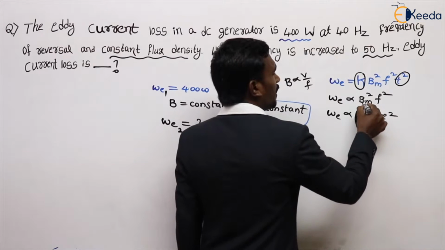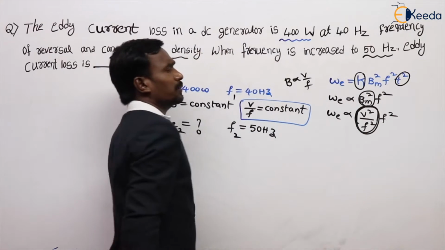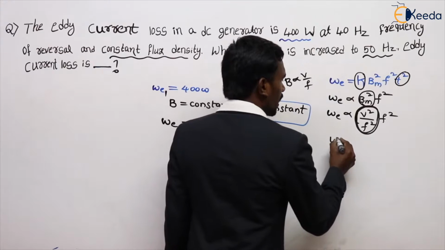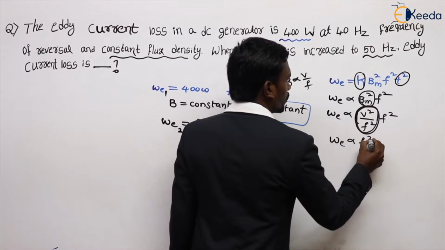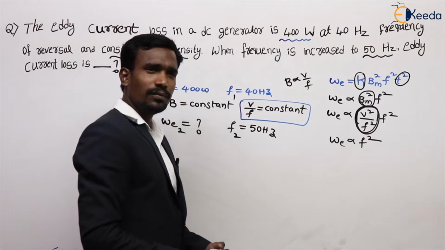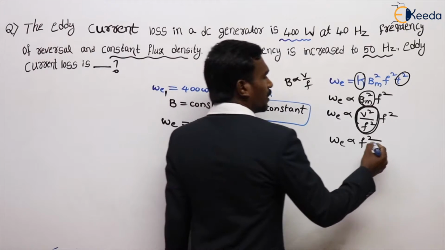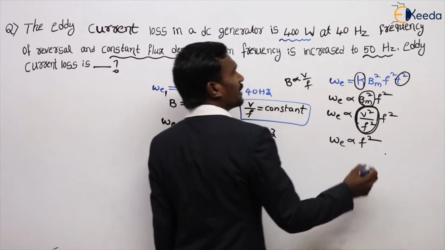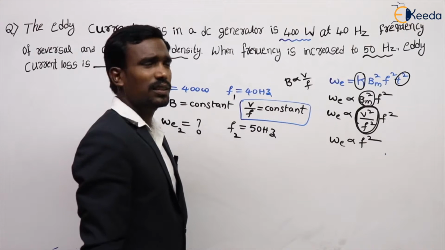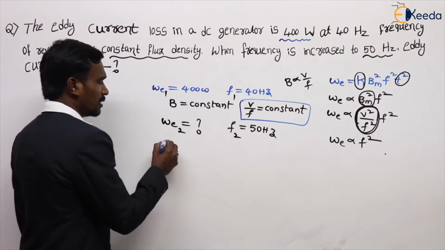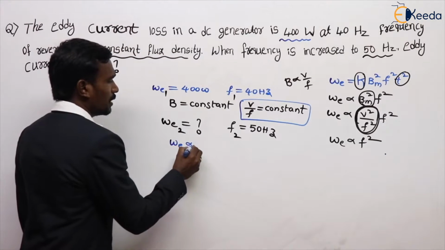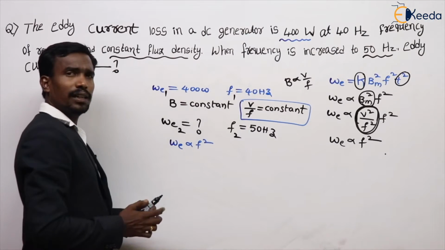If V by F is constant, then B maximum is also constant. So we have only the formula W directly proportional to F square. Here, the frequency increased from 40 Hz to 50 Hz. Then what is the change in eddy current loss? Our formula is W directly proportional to F square.